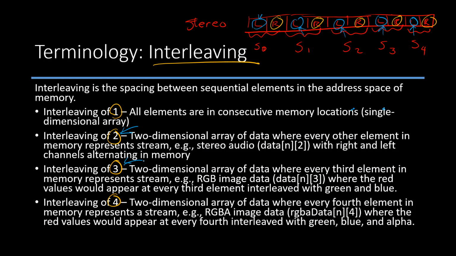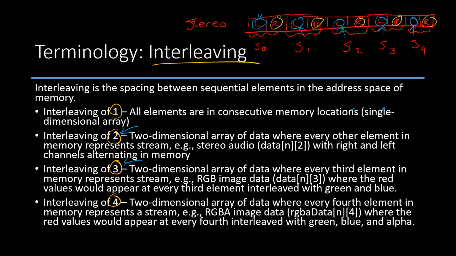Interleaving of 3, real good with RGB data, right? So I have red, green, blue. I can load all the red values into one vector register, all the blue values into another vector register, and then all the green values into another vector register. Remember the example from earlier on when I took all 3, red, green, blue, added them together and then divided them.